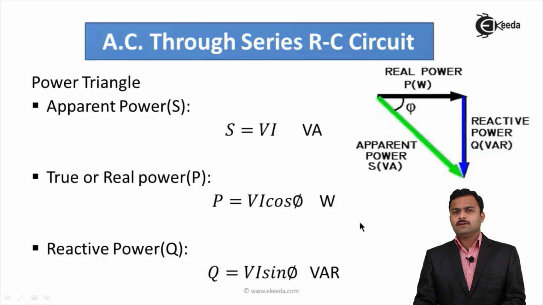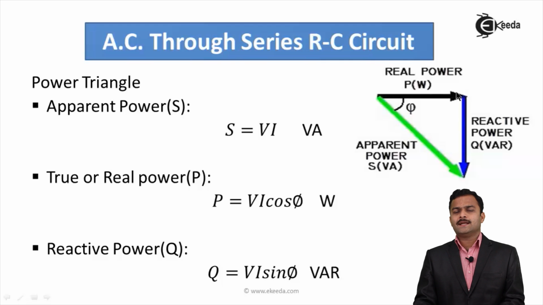Along with the power P, we will have two more powers. We have seen same theory at the time of inductive circuit also. So, apparent power is nothing but a diagonal of this power triangle. Real or true power is nothing but the power along the x axis, and reactive power is nothing but a power along j axis, which is an imaginary axis. Now, S is the apparent power, which is the multiplication of voltage and current, and the unit is volt ampere or kilovolt ampere.